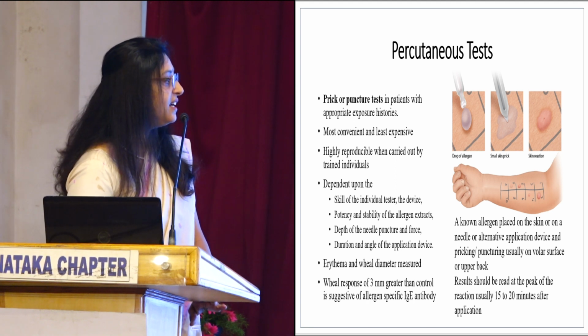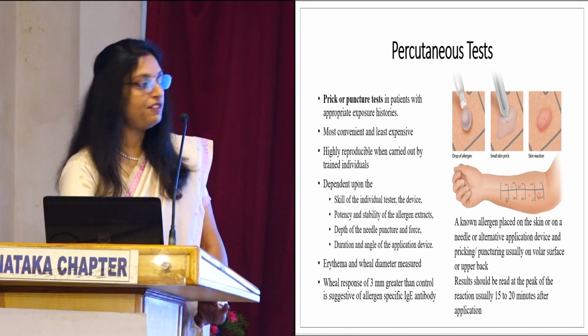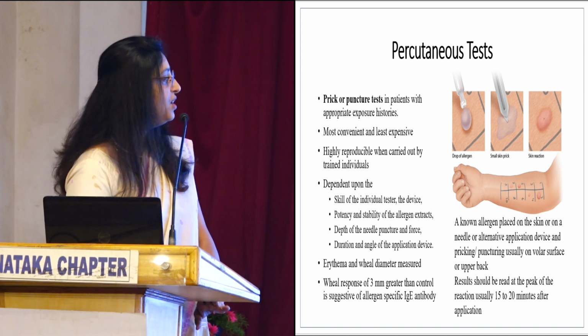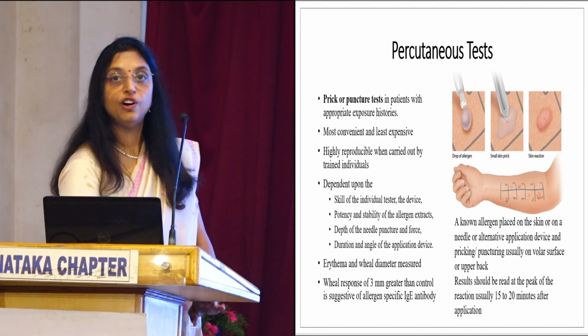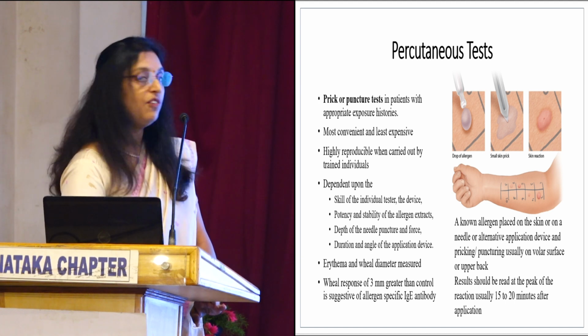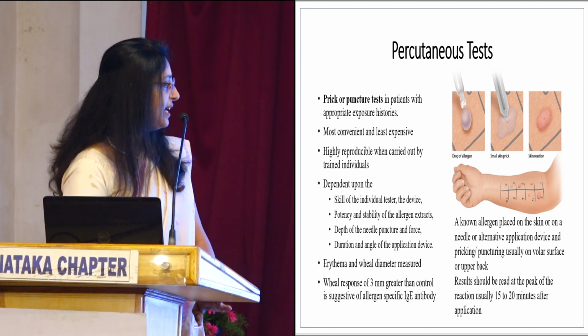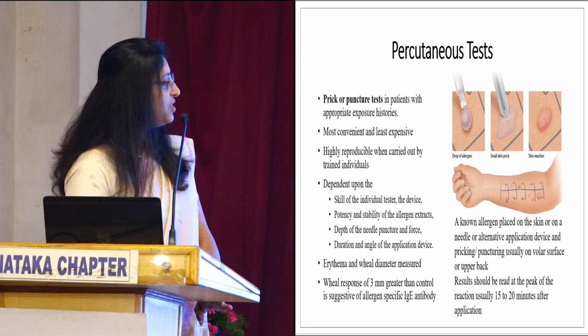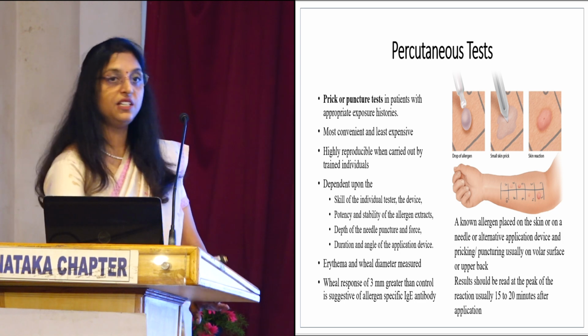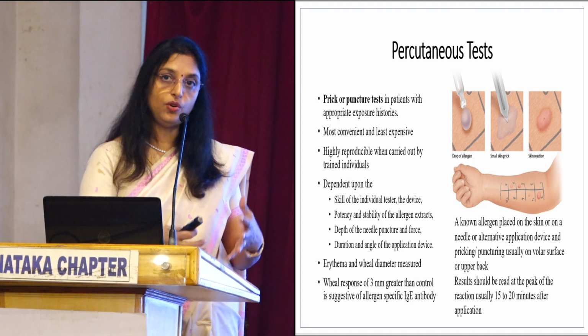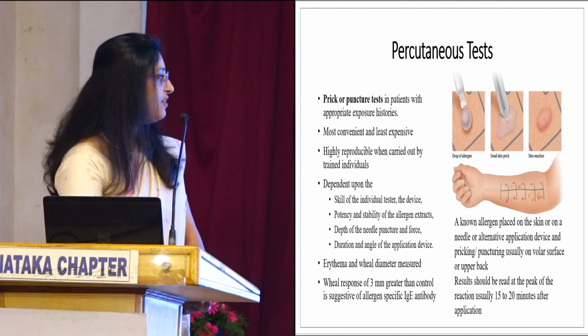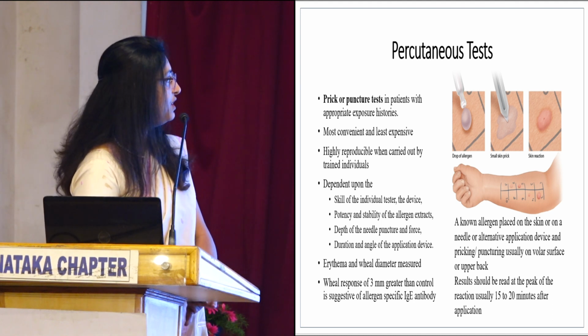The results are read at the peak of reaction, usually within 15 to 20 minutes after application. You will observe a wheal response of 3 millimeters or greater, with surrounding erythema. This test should always be interpreted using controls, to see whether there is a difference of at least 3 mm from the negative control, which could be just simple saline.